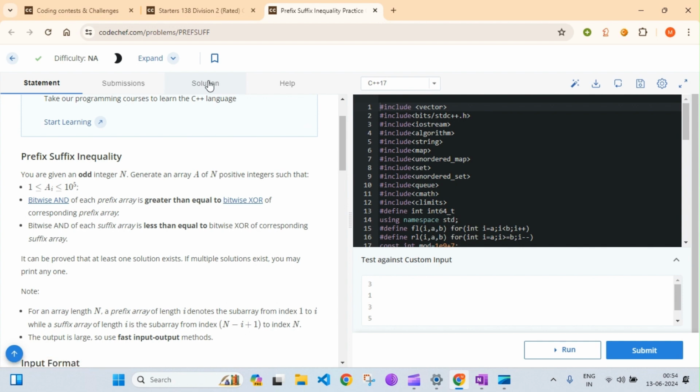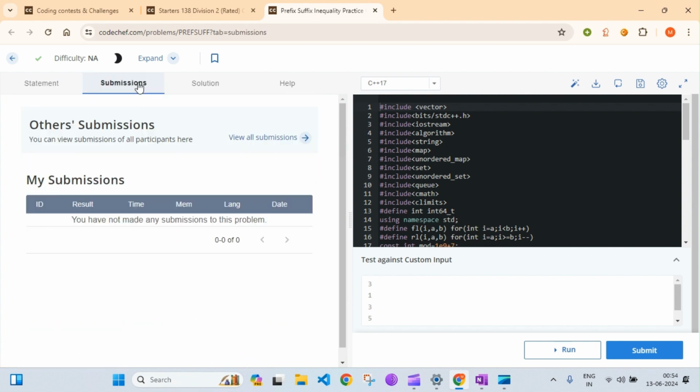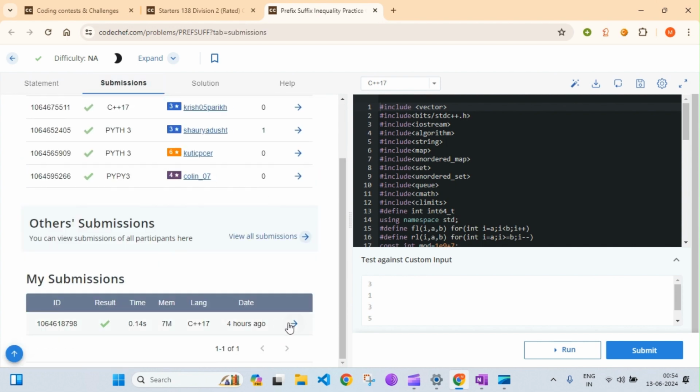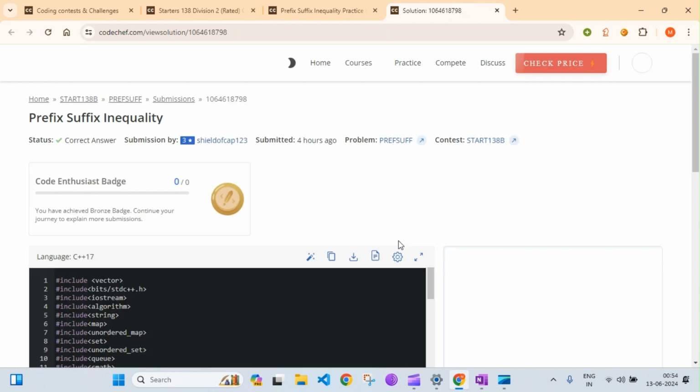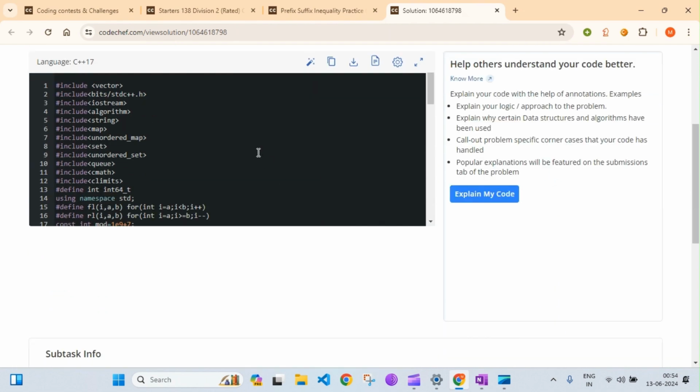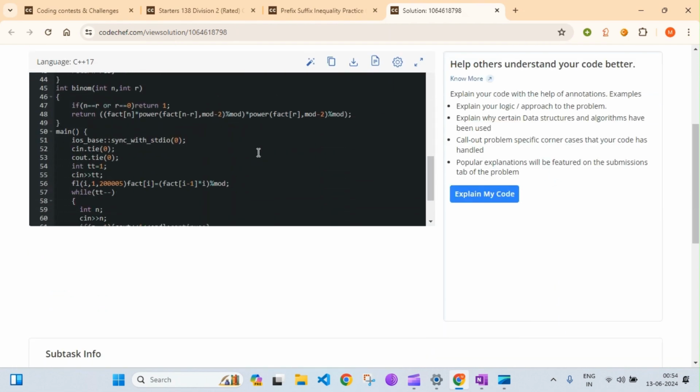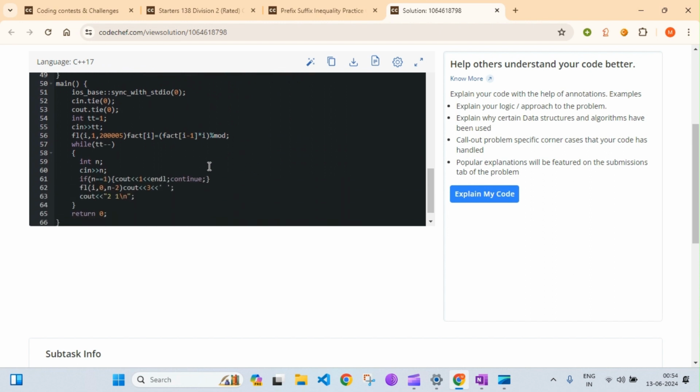Let me show you my submission. So basically for n equals 1, I just printed 3. If n is 1, you can print any number.